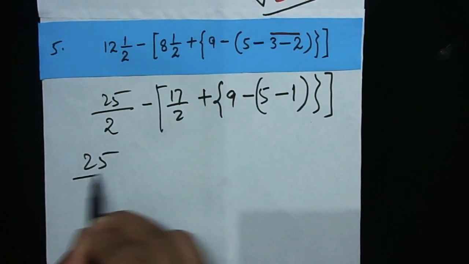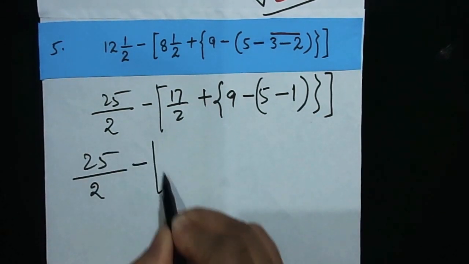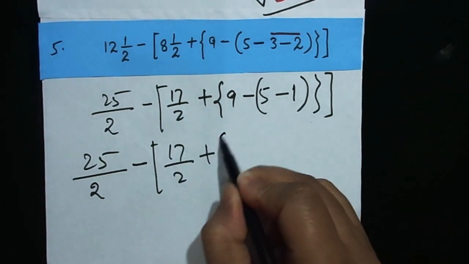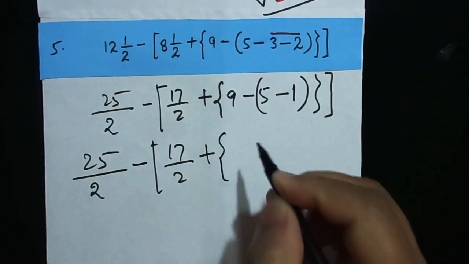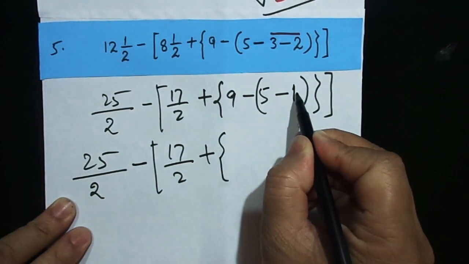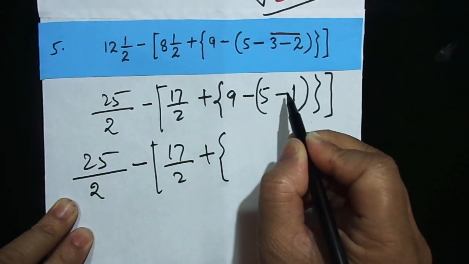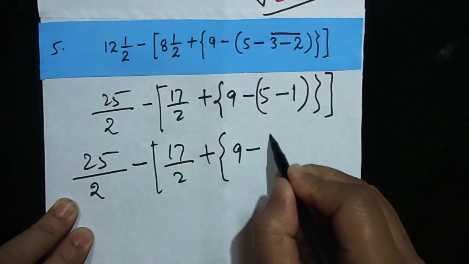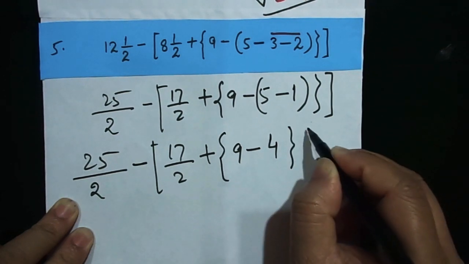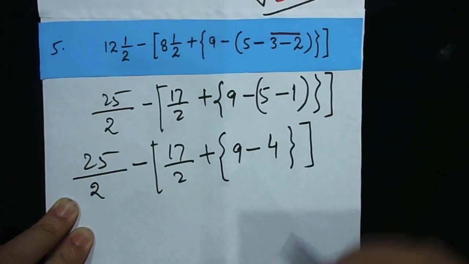So 25 by 2 minus 17 by 2 plus 9. 5 minus 1 is equal to 4, and 9 minus 4. Why not write 9 minus 4? Why should we be in a hurry?